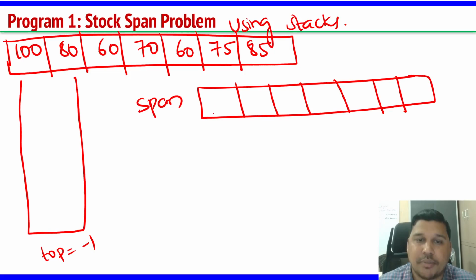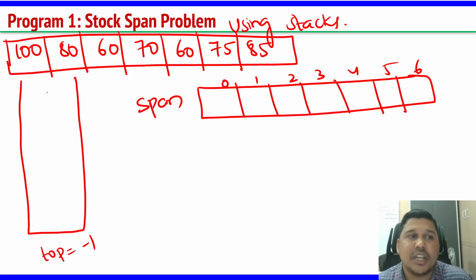For 7 days, it is 0, 1, 2, 3, 4, 5, 6. Initially for day 1 we already know it is 1, because there is no previous day. So we put it as 1.